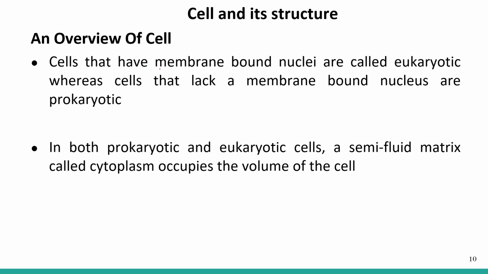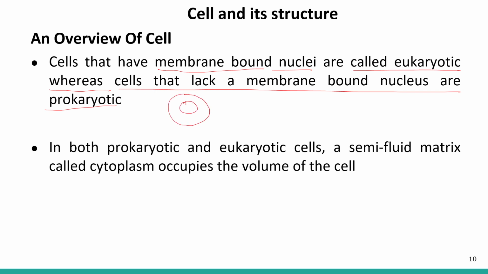Cells that have a membrane bound nucleus are called eukaryotic, whereas cells that lack a membrane bound nucleus are called prokaryotic. If we draw a eukaryotic cell, it will have a membrane bound nucleus. This is the nucleus, which is properly membrane bound.